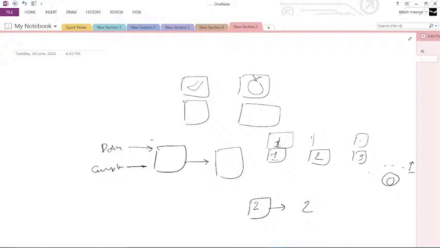If you have X-ray data of the chest and you want to identify whether or not some images contain heart disease or lung disease or something, you can use these kinds of recognition patterns.